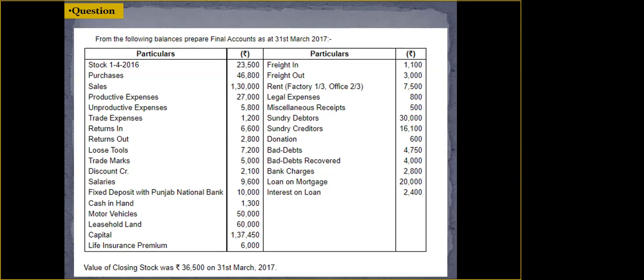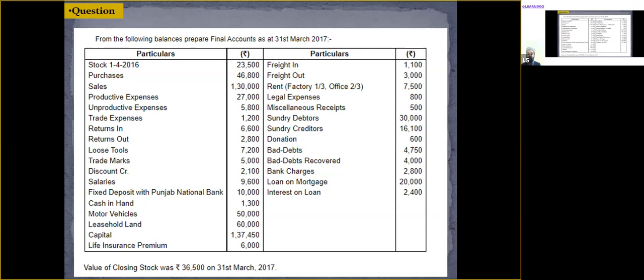Okay. First of all, let me tell you, life insurance is not a business expense. Everybody clear about this? Life insurance premium paid is a personal expense of the entrepreneur, of the businessman.